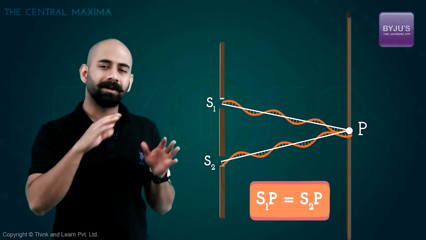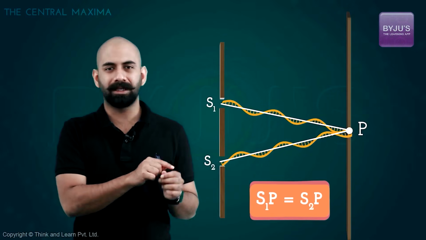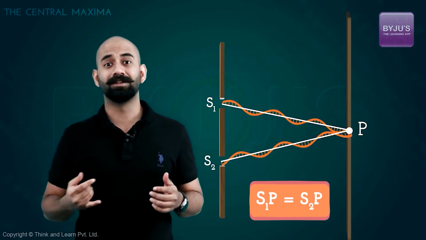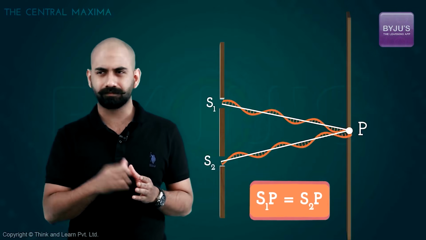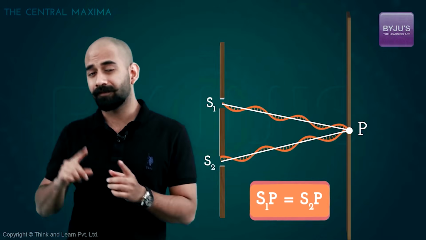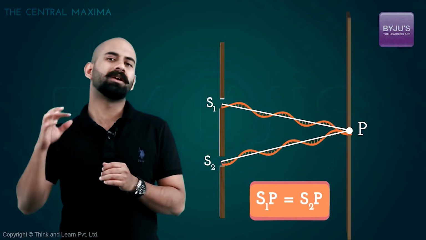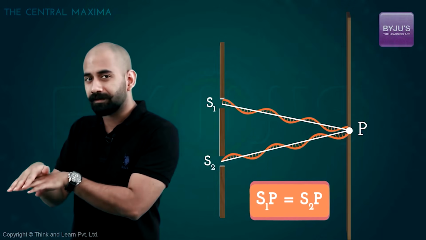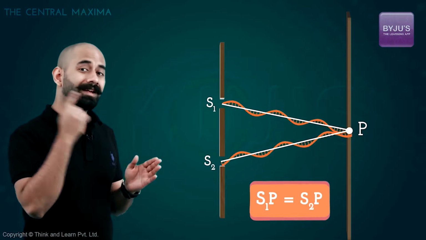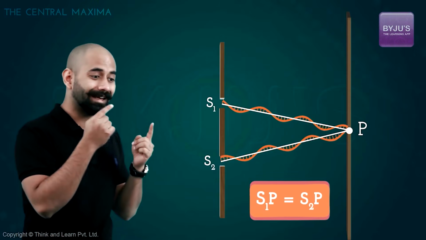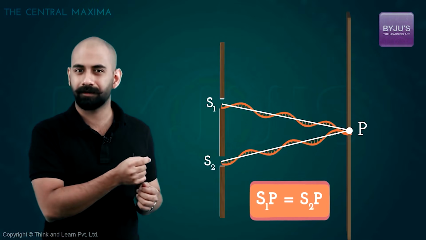Now, what will happen when these waves reach the point P? They will obviously interfere, because there are two waves intersecting at that same point. This is slightly different from the previous case, where we considered two waves traveling in the same string. This is analogous to two waves traveling in two different strings that intersect at one single point.